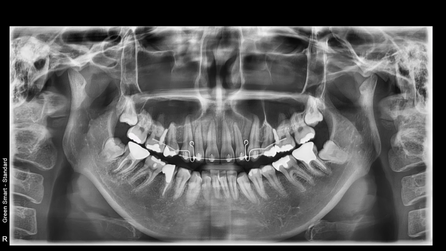Look at the cuspid. We didn't apply cuspid retraction force, okay? But the cusp moved back because the anterior is strong, okay? So leveling force is spread to the cuspid back.